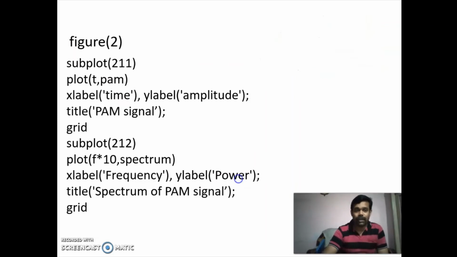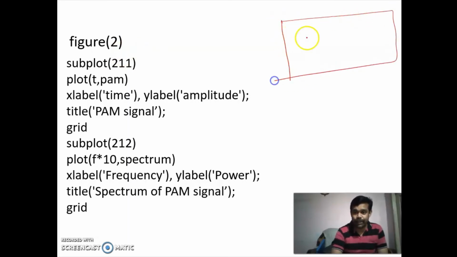Now we are going for figure 2. In figure 2, we are going to draw the modulated signal, that is the pulse amplitude modulated signal. Here also you use subplot 2, 1, 1 and subplot 2, 1, 2.